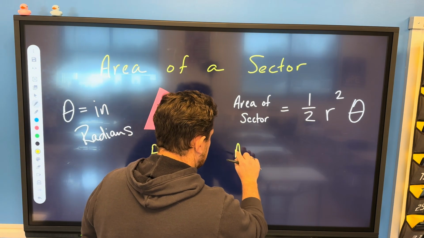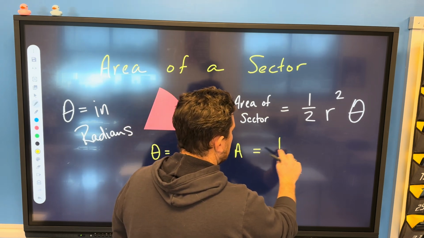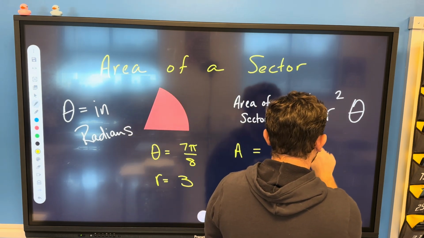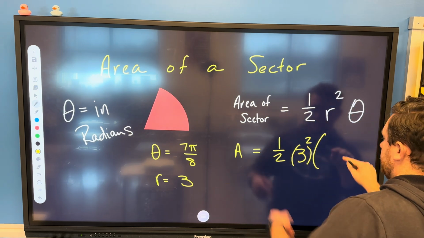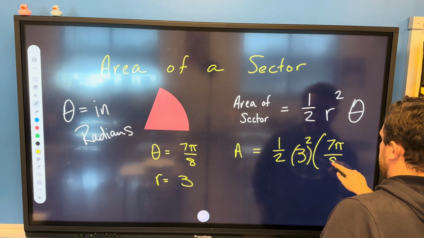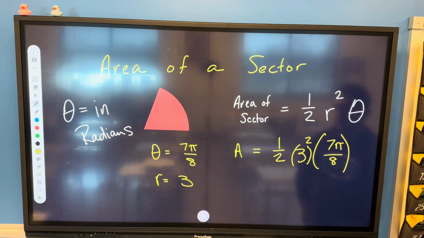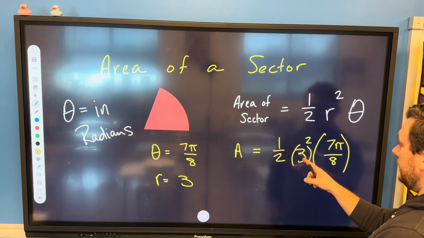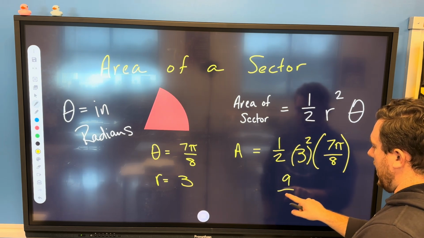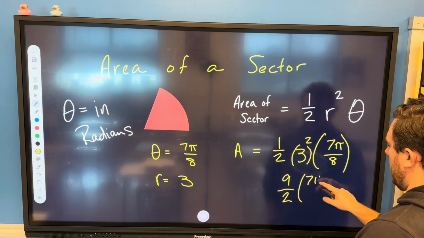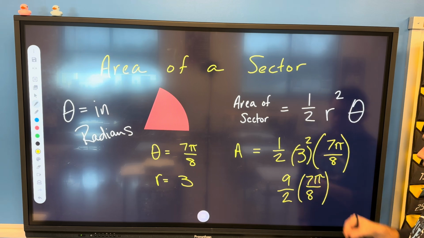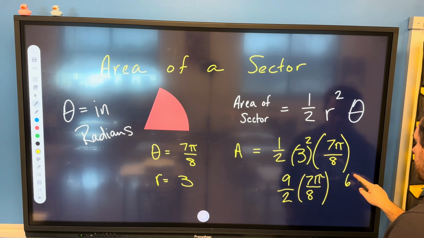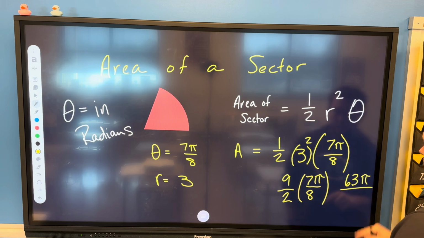So our area, I'm just going to say A, is equal to 1/2 times 3 squared, put that in parentheses, times 7 pi over 8. So 1/2 times 9, or 9/2, times 7 pi over 8. 9 times 7 would be 63 pi over 16.